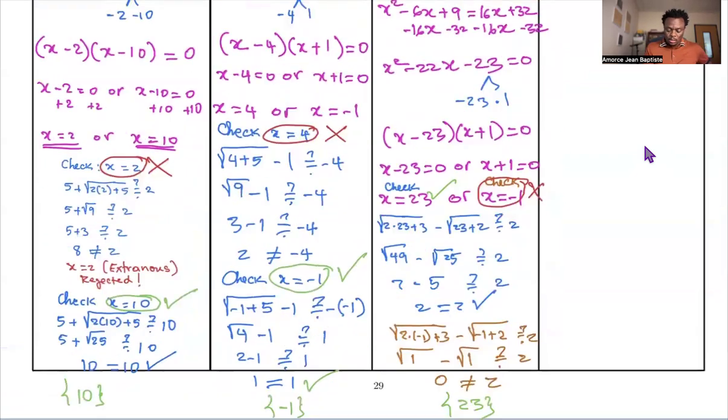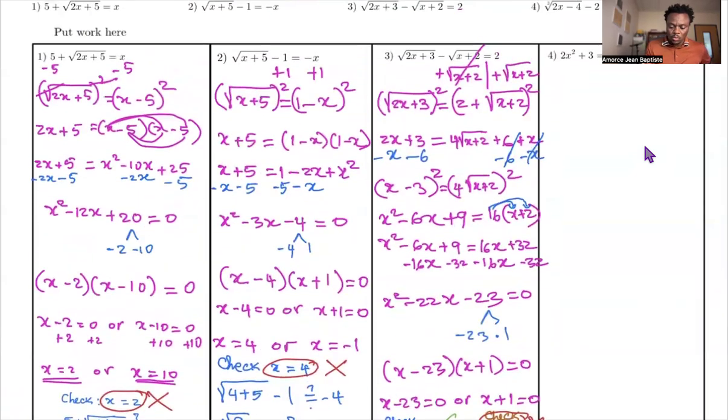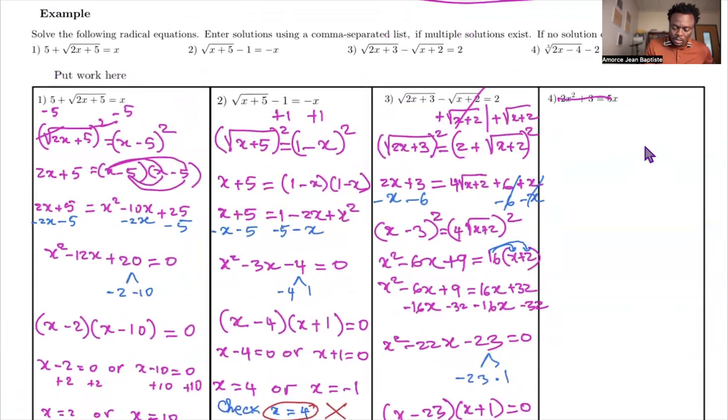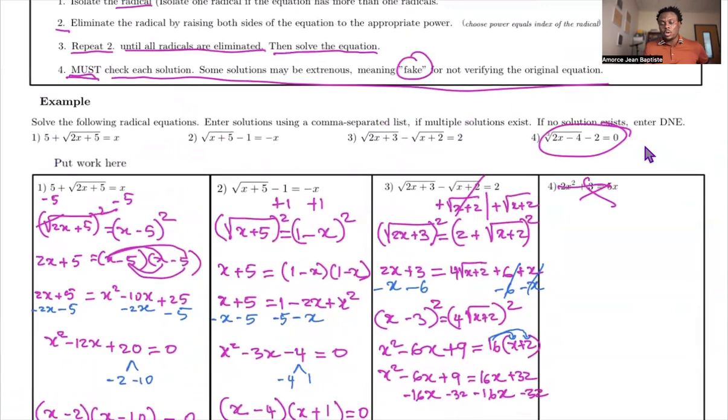And the last equation here is, well, not that one, it's this one, because there was a mistake here, right? So your equation is the cube root of 2x minus 4 minus 2 equals 0.